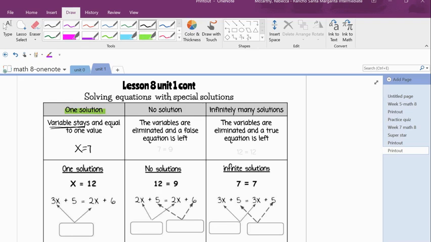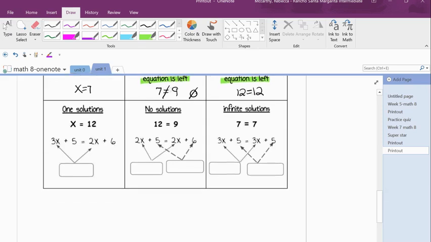When I have no solutions, my variables are eliminated and a false equation is left. For instance, I would have something like 7 equals 9, which is never the case, so that would be no solution. When I have infinitely many solutions, my variables are eliminated and a true statement or equation is left. For example, I would get something like 12 equals 12.